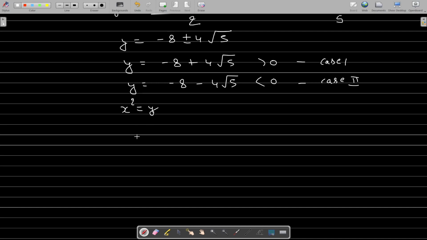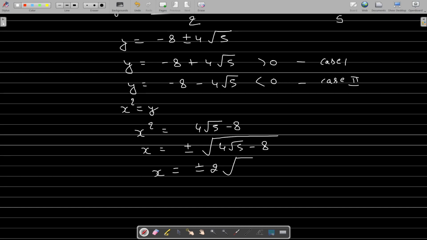So from case 1 I get x squared is equal to 4 root 5 minus 8, which means x is equal to plus minus under root of 4 root 5 minus 8, which can be simplified to plus minus 2 square root of root 5 minus 2. So this is the first set of roots.